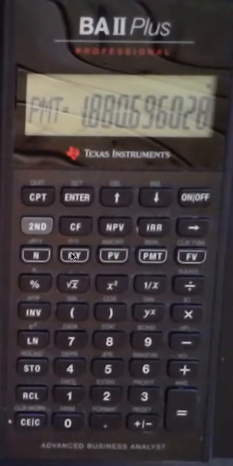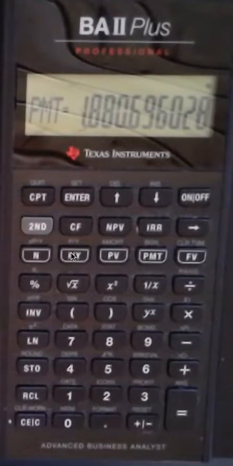But our focus right here is just basically the money that we have borrowed, we'll say from a financial institution. What is our P&I payment? And that's $1,880.70.